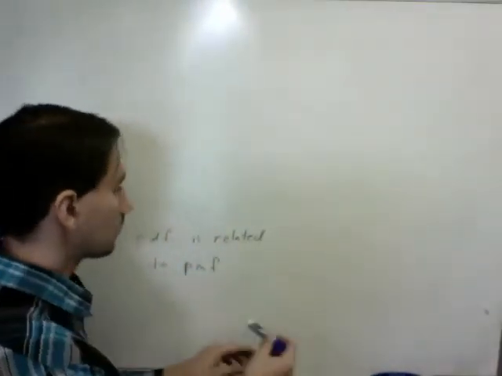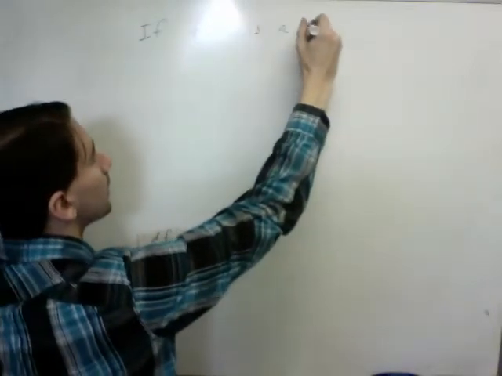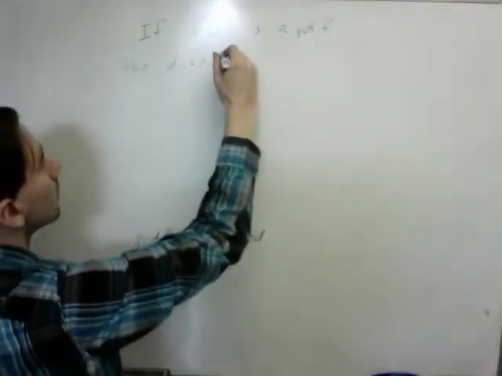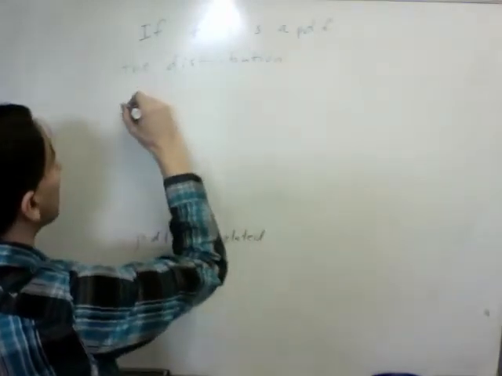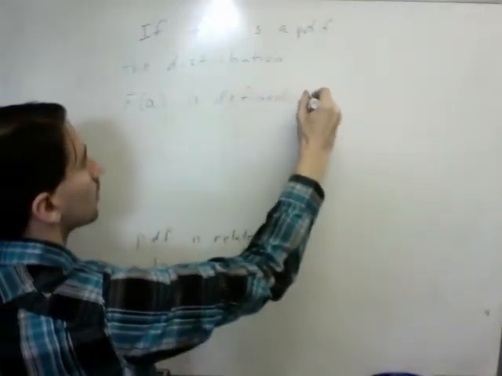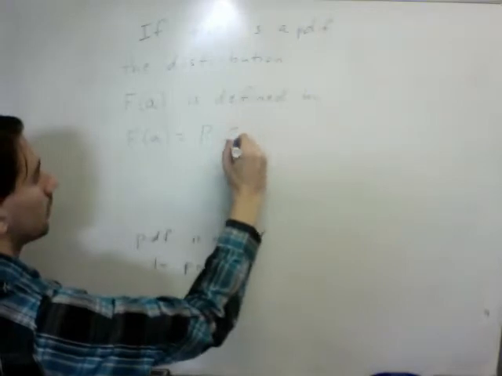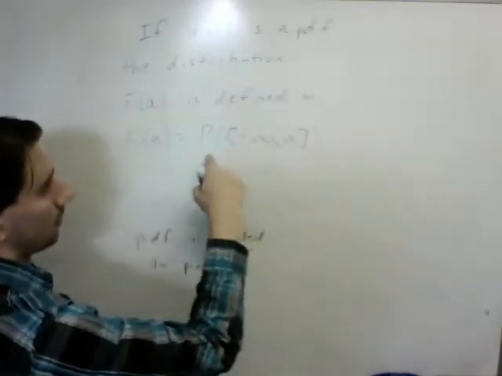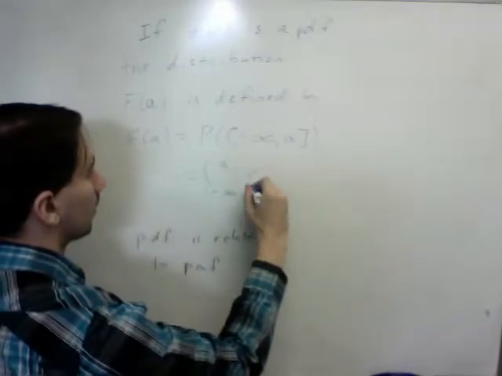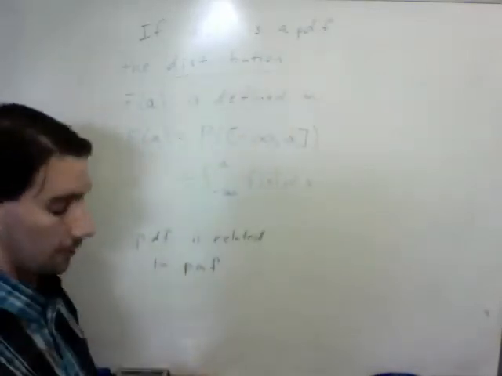So what we're going to say is that if f of x is a PDF, the distribution function, say F of a, is defined by F of a equals the probability of the interval from negative infinity to a, which, remember, the probability is measuring the mass on the scales, and the way we talked about doing that is we integrate from minus infinity to a of f of x dx. And so this is the other important function we're going to want to talk about, the distribution functions.